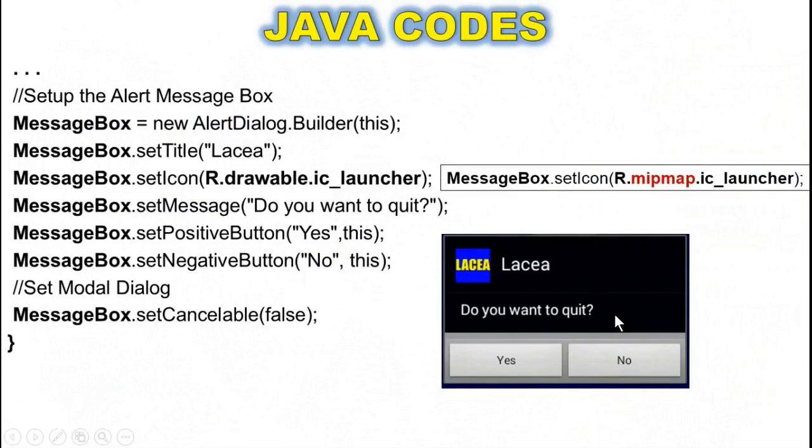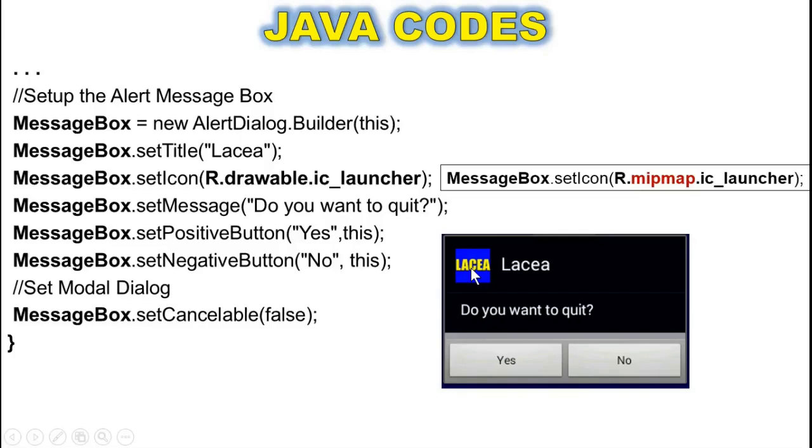The following lines will set up the alert message box or confirmation box. The line messageBox.setIcon R.drawable.ic_launcher will display the Android mobile app icon, which is this one in this example, inside the message box or the confirmation box.